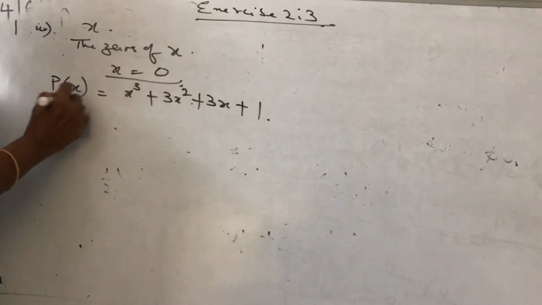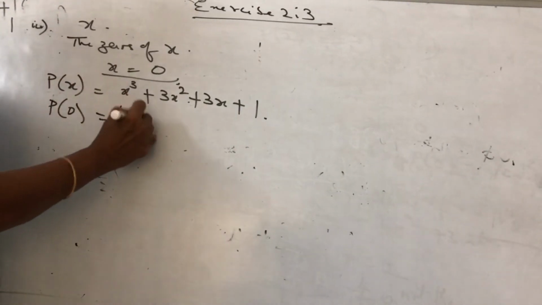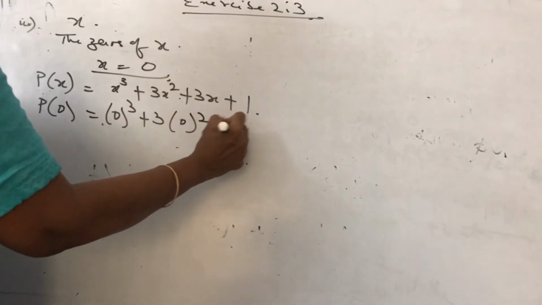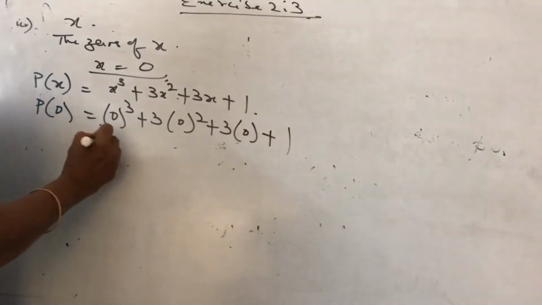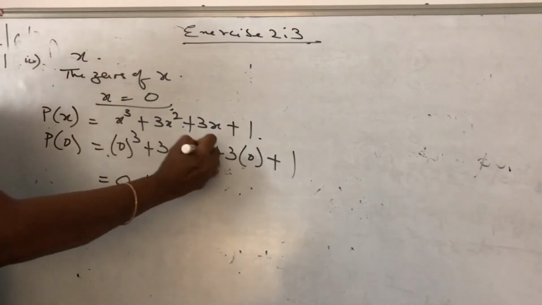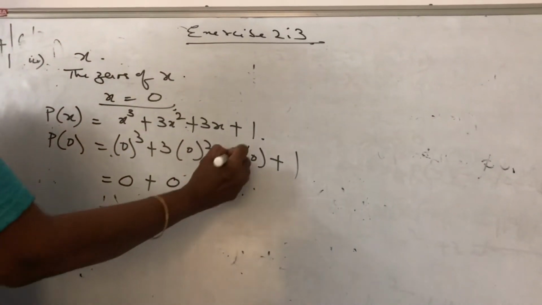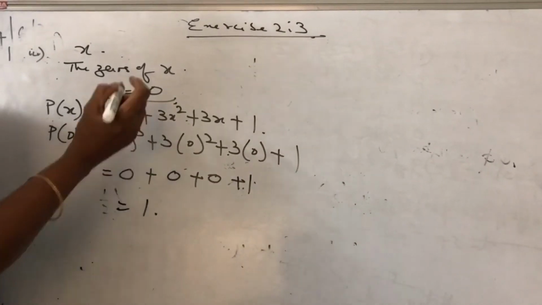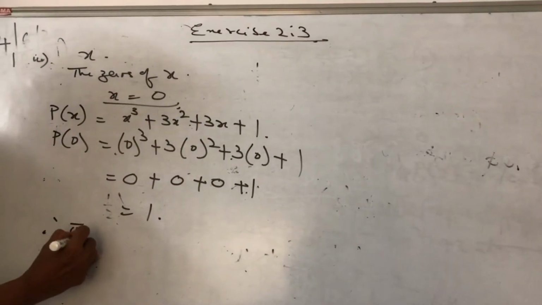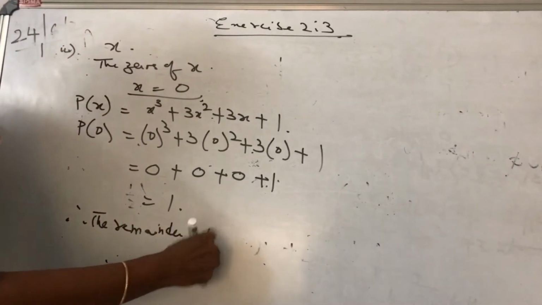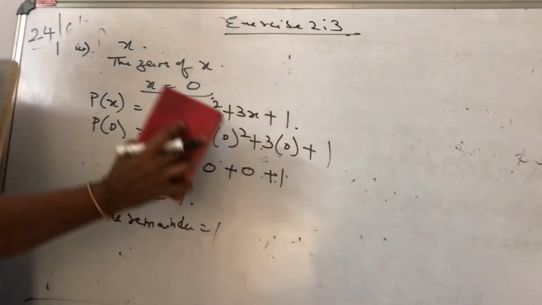In the place of x, what are you going to put? 0 the whole cube. 0 the whole square. 3 into 0 plus 1. What is 0 on cubing? 0. What is 3 into 0 square? 0. 3 into 0, 0. Plus 1, that is equal to 1. The remainder in this case is equal to 1.